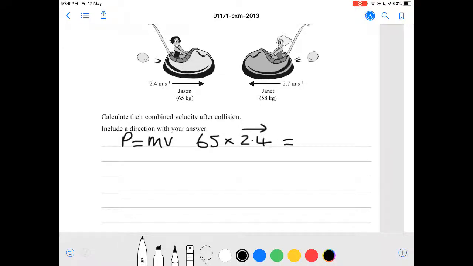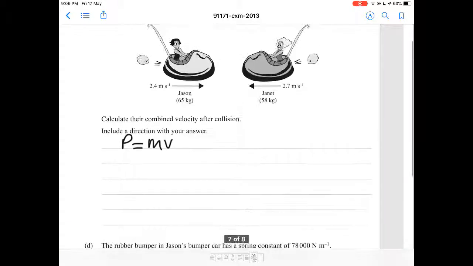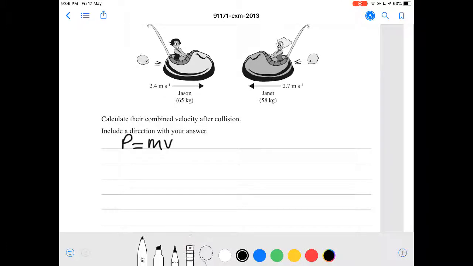That's not 65, sorry, it's 240 plus 65, so 240 plus 65, whole times 2.4, acting in this direction.